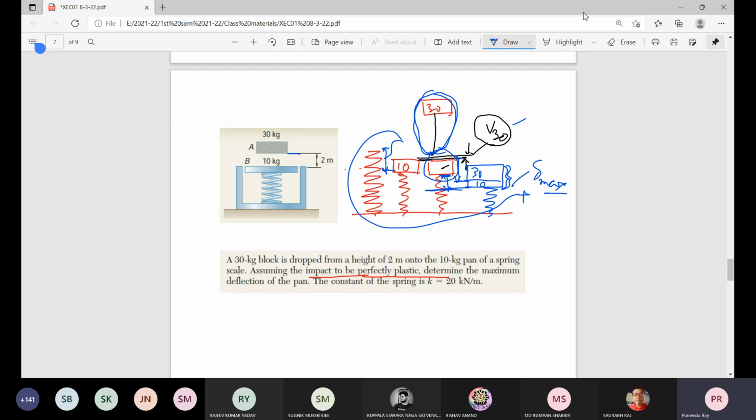Okay. Now, if by any chance there is a possibility that some rebound is possible, that means it is not perfectly plastic.